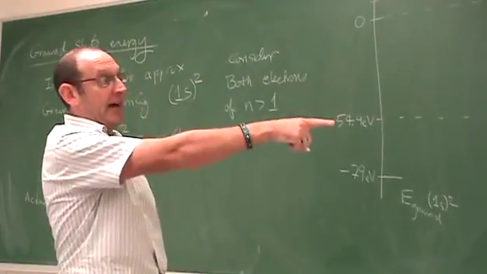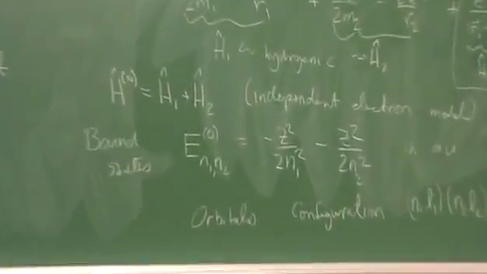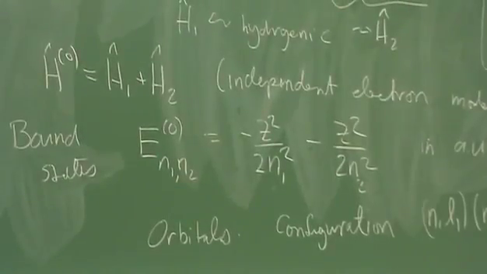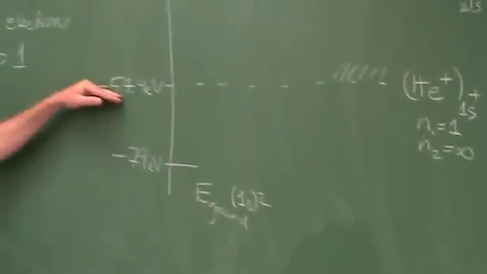That energy will always be bigger than the case where one of the electrons is at infinity, that is to say, one of the principal quantum numbers is at infinity, and the other is in whatever state it wants, right?